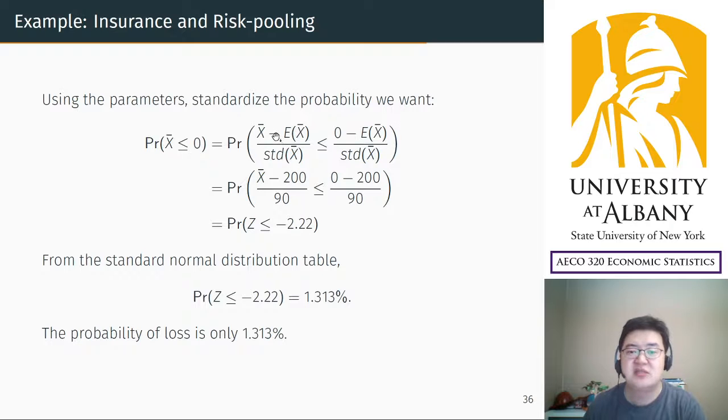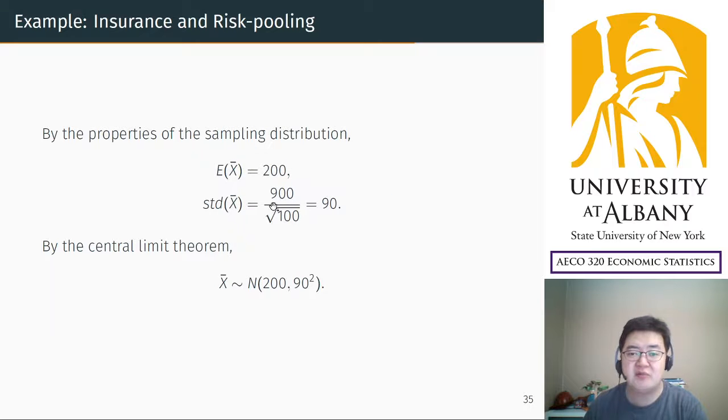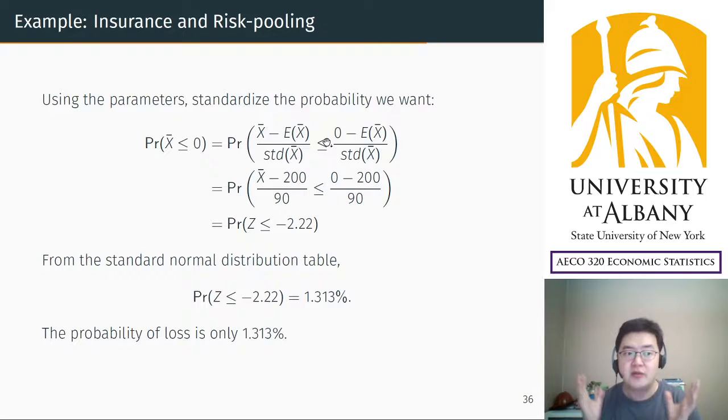Standardization means subtracting the mean and dividing by the standard deviation. In this case, remember the random variable is X bar, so the mean is the mean of X bar, and the denominator is the standard deviation of X bar. Of course, the standard deviation of X bar can be replaced by the original standard deviation divided by the square root of n.